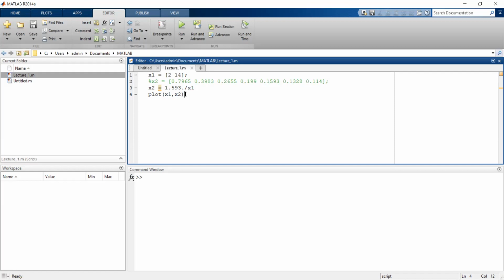We have plotted this x1, x2 less than or equal to 1.593. Now, can you recall what is the second constraint? Can you recall what was the second constraint?